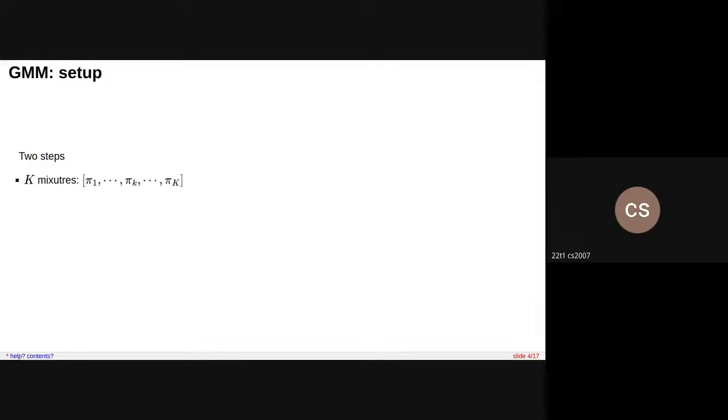You have K mixtures, capital K, with mixture weights pi 1 to pi K, and we'll always use small k to denote some random mixture. There are K mixtures, so there are K means. Each mixture has a mean mu 1, mu 2, and so on till mu K, and also a variance because it's Gaussian. So how many parameters are there totally for a Gaussian mixture model?